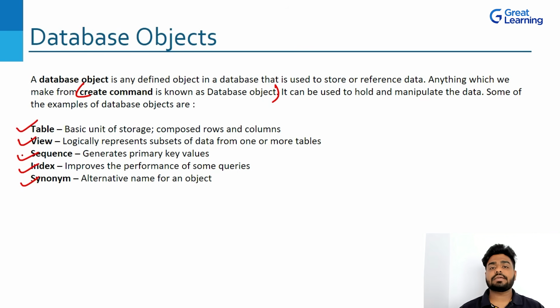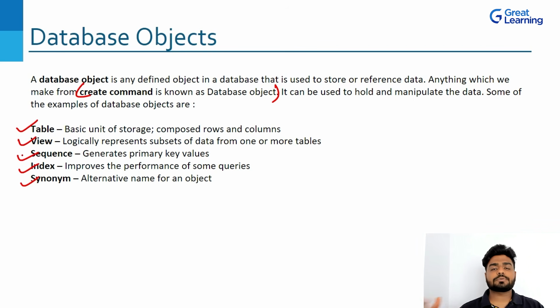You give a separate name for that view, but that data is not permanent, it's temporary. Sequence generates primary key values like 1, 2, 3, 4, 5, 6, 7, 8, or starting from 10, 11, 12, 13, right? That is a sequence.